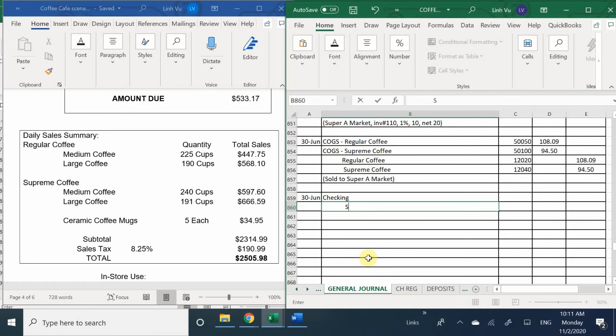Sales: 240 cups for the sales amount, the 447, right? 447. Okay, that's the credit amount, but what is my account at hand that I need to place this amount into?